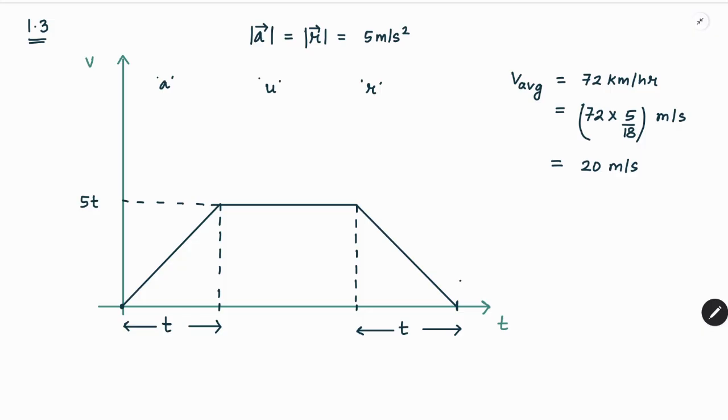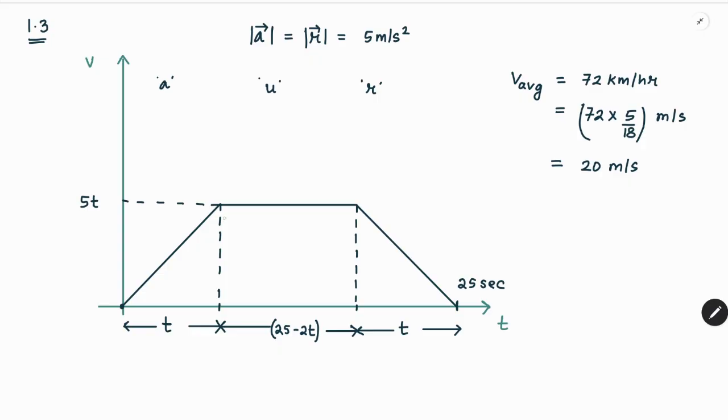So the total time is equal to 25 seconds, and the duration for which the car was moving with uniform velocity is 25 minus 2t. The next clue we have is the average velocity, which is 20 meter per second.